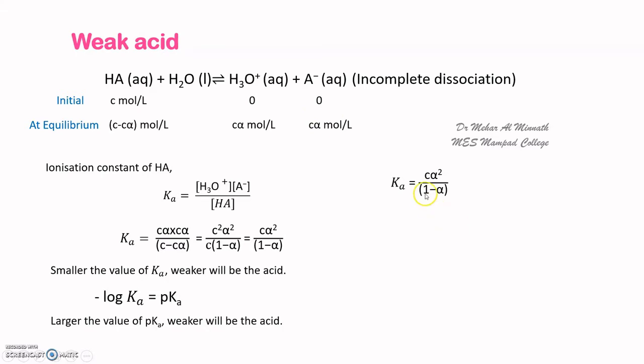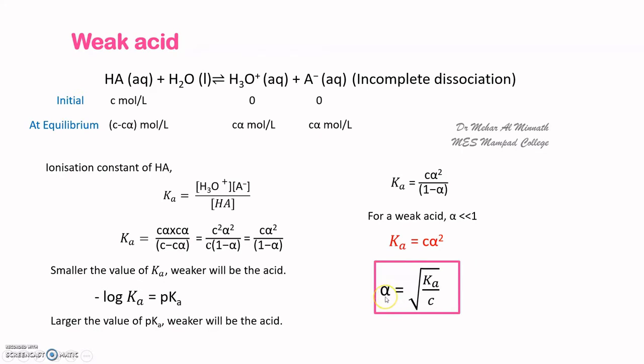And so you can eliminate the 1 minus alpha term. Since alpha is very much less than 1, the denominator becomes 1, and so our Ka will be equal to C alpha square. Or you can bring this down, so alpha, the degree of dissociation, is equal to root of Ka by C.